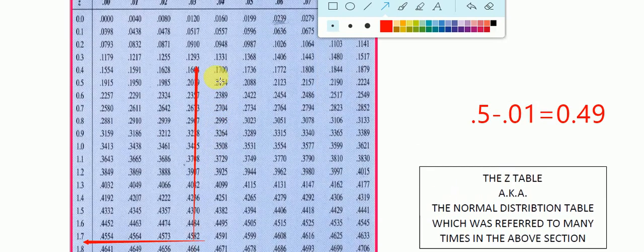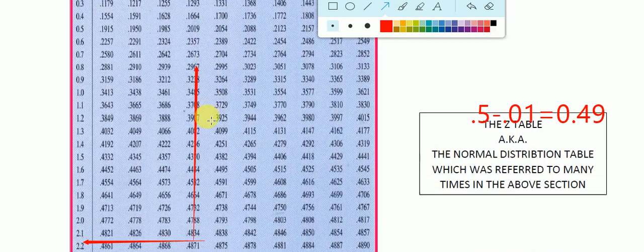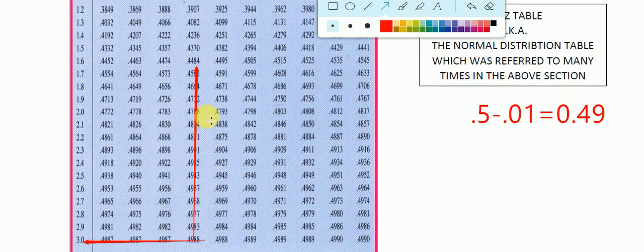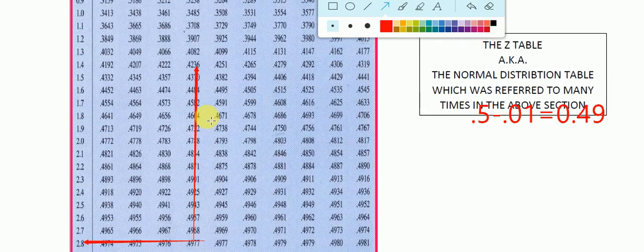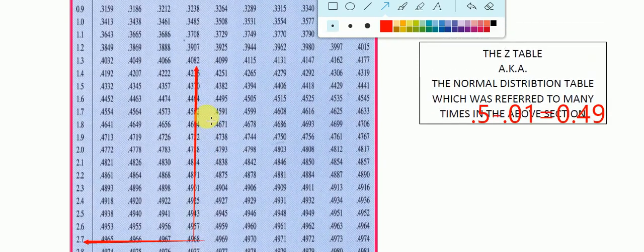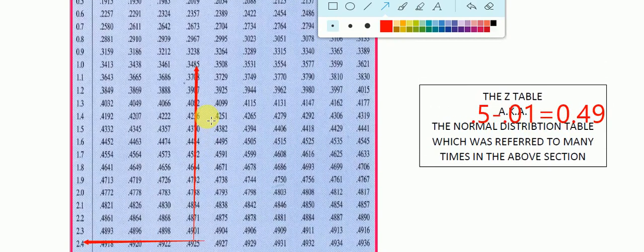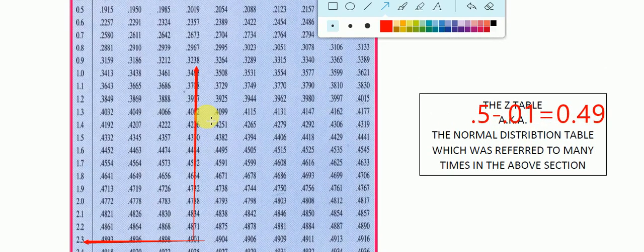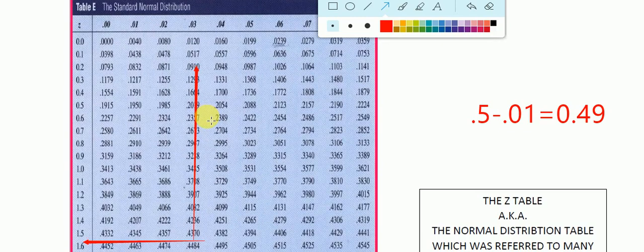So the column is 0.03. Here we are, 2.3 plus 0.03, which comes out to be 2.33.